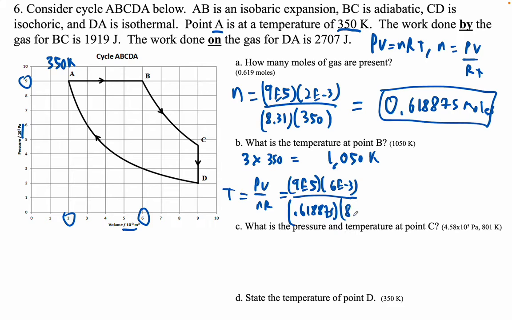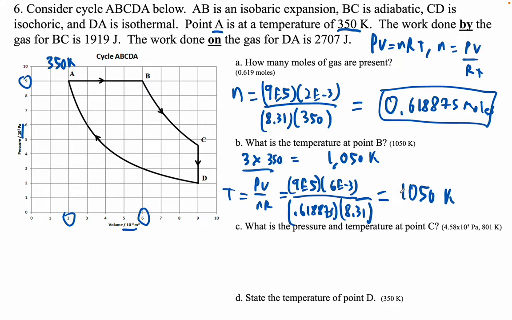And R is 8.31. I'll bet if I do this, 9E5 times 6E minus 3 divided by the number I just got for moles divided by 8.31 is 1050. I encourage you to use shortcuts like this, okay?